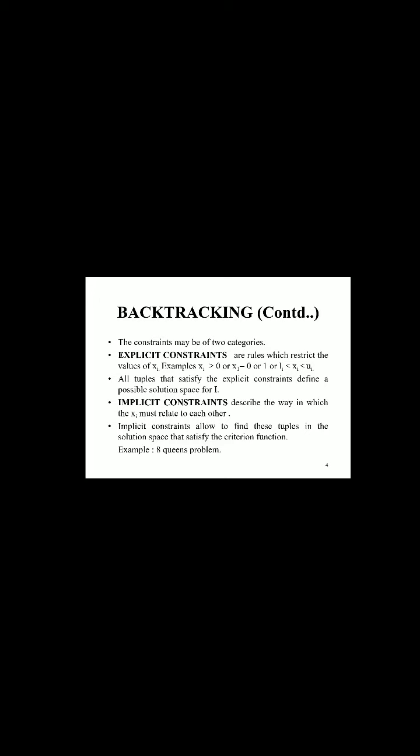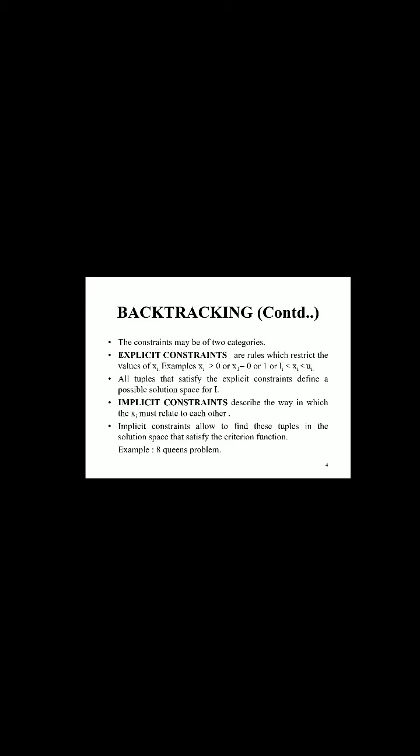Explicit constraints are rules which restrict the values of xi. For example, xi greater than or equal to 0, or xi equal to 0 or 1, or xi should be greater than or equal to some lower bound and smaller than or equal to some upper bound. So what should be the explicit constraint for the n queen problem?